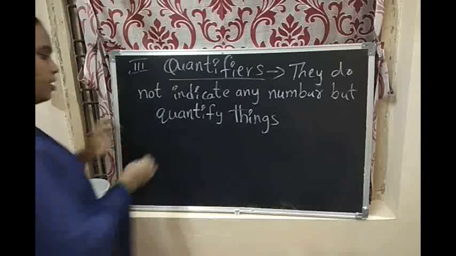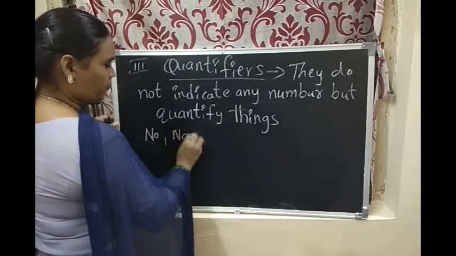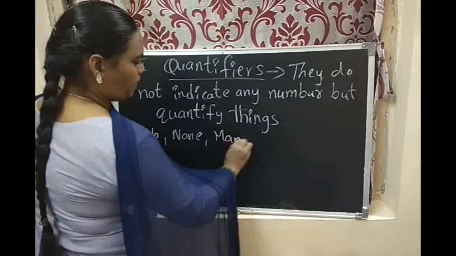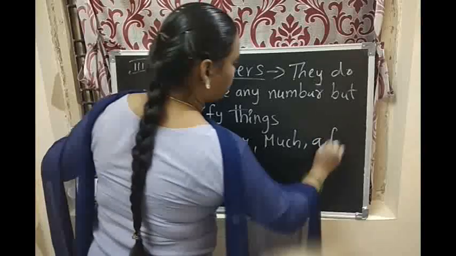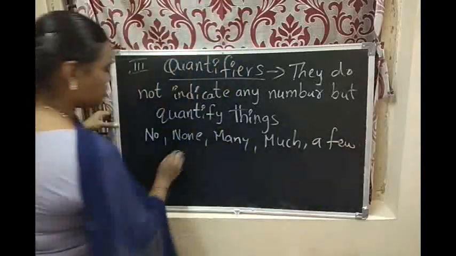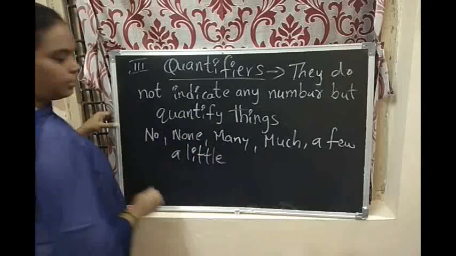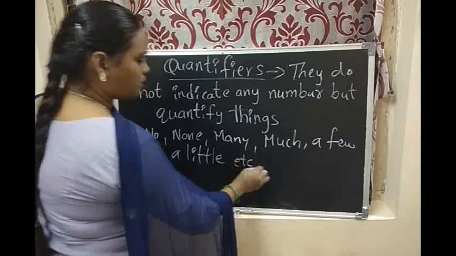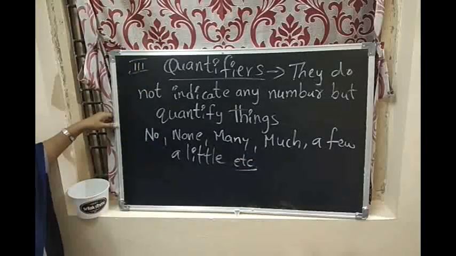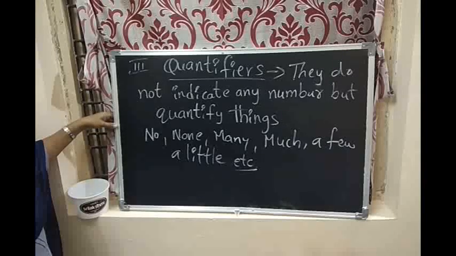What are the examples? No, none, many, much, a few, a little. Many examples are there. How can you know that?